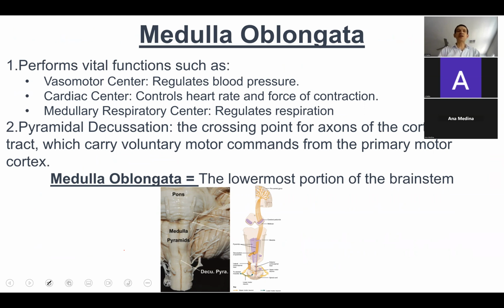Medulla is just the area in the brain that is the lowermost portion of the brain stem. You know, the midbrain, the pons, and the medulla are three parts. And what it does is that it has other nuclei that are very important.